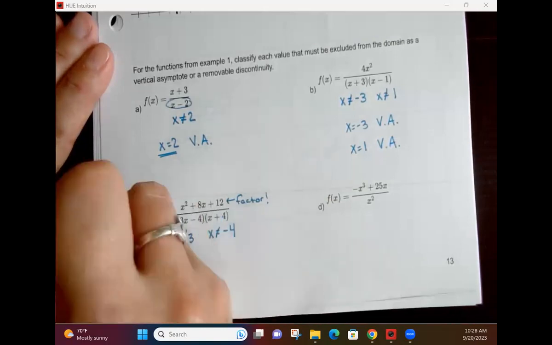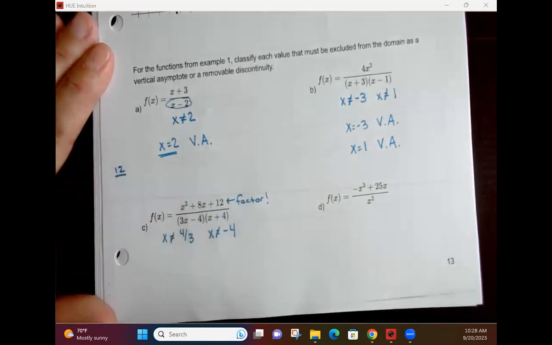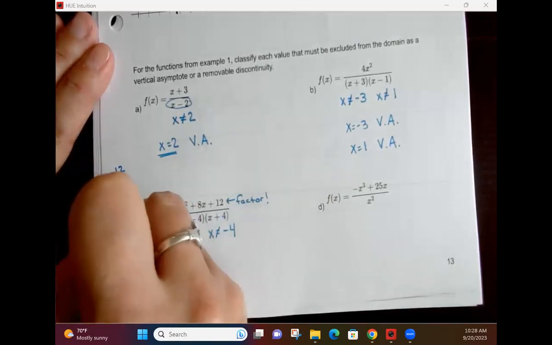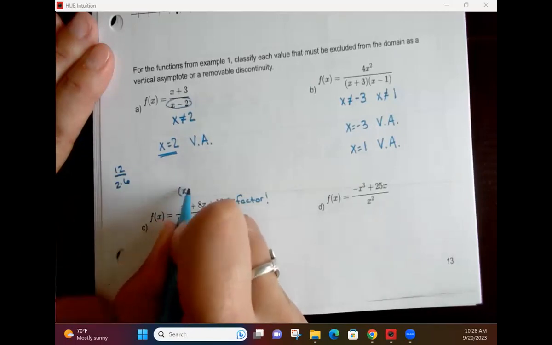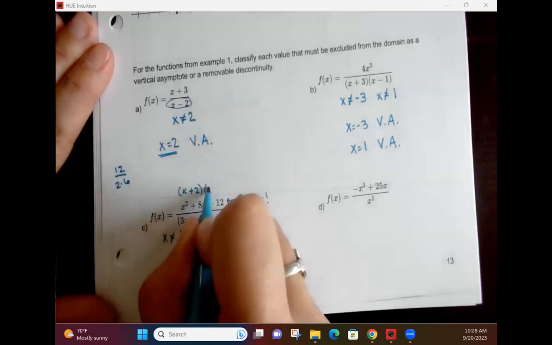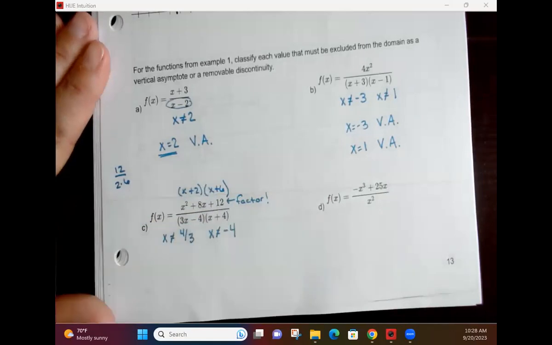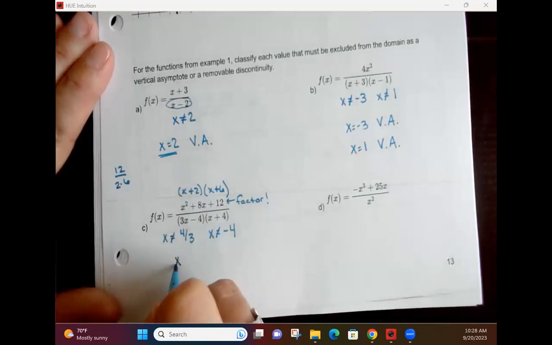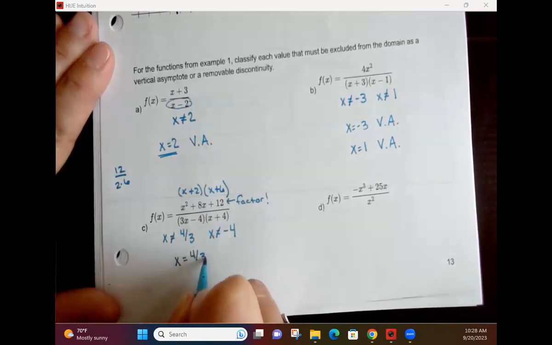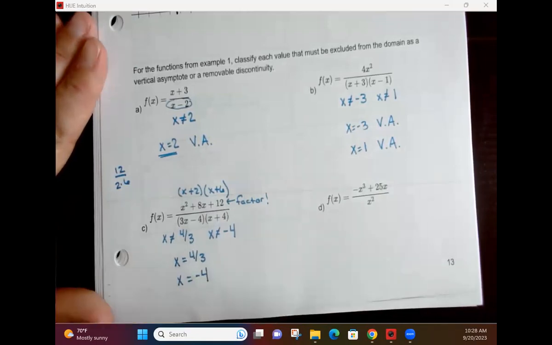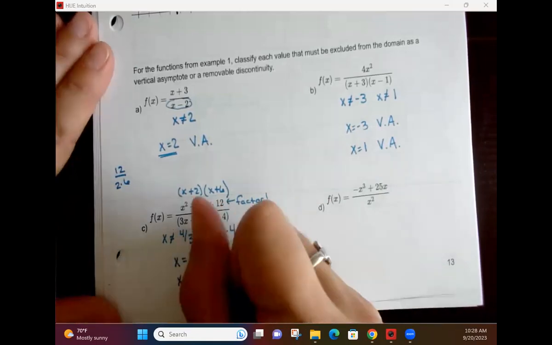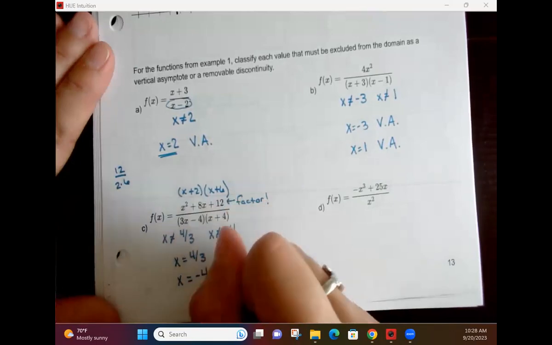So factors of 12 that add to 8. That would be 2 and 6. So this would be x plus 2 times x plus 6. Can I reduce either of my factors on the bottom? No. So what do I know about 4/3 and -4? They're both vertical asymptotes.